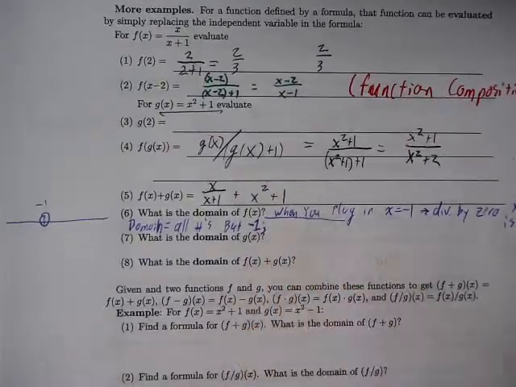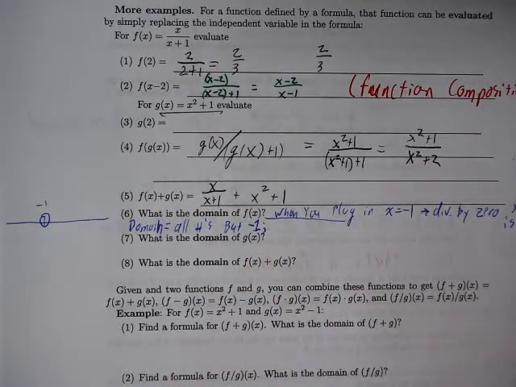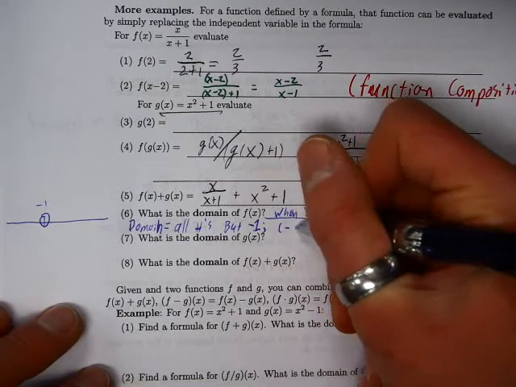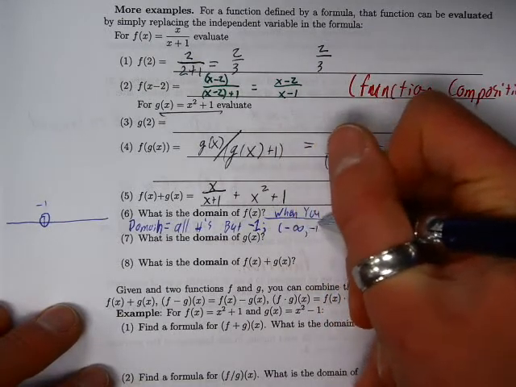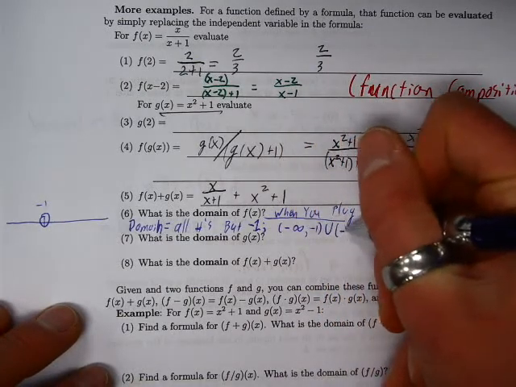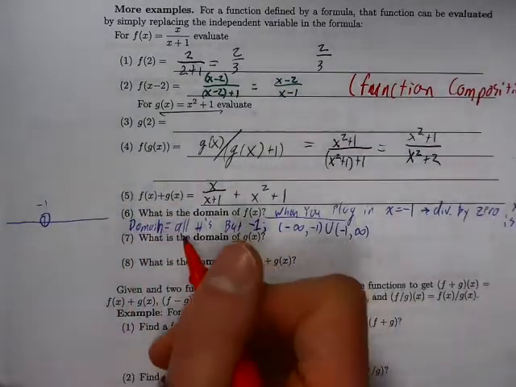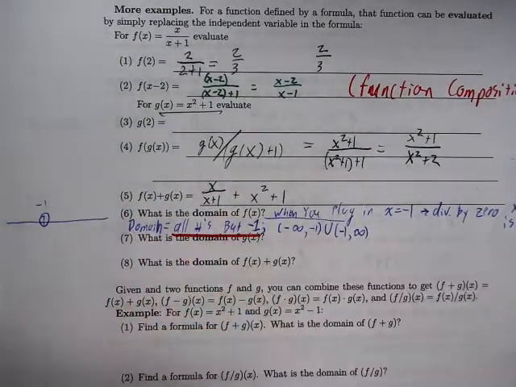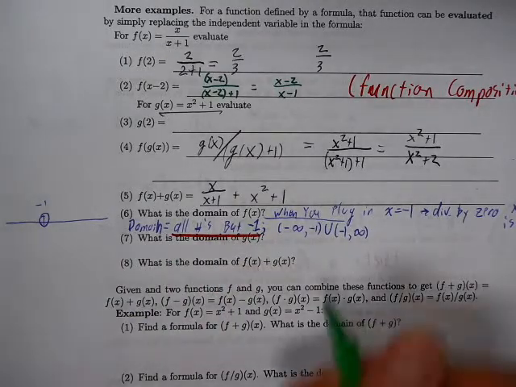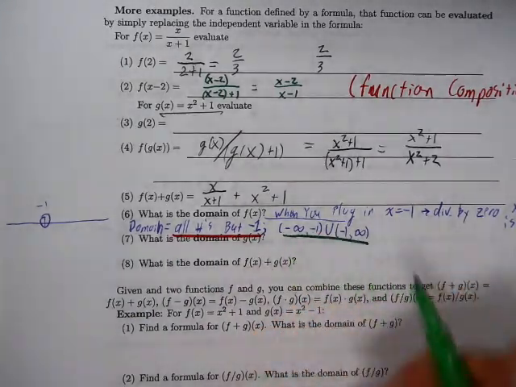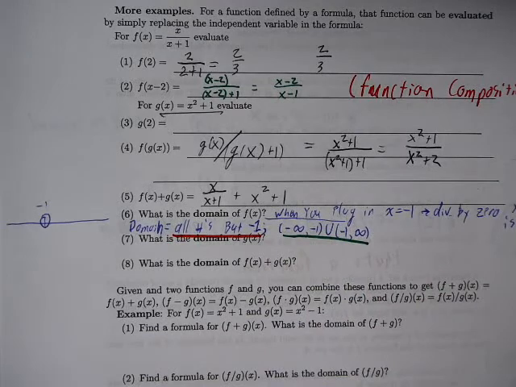You could write that as all numbers less than -1, and then all numbers bigger than -1. So you could write that as -∞ to -1 together with -1 to infinity. So both of those are correct answers.